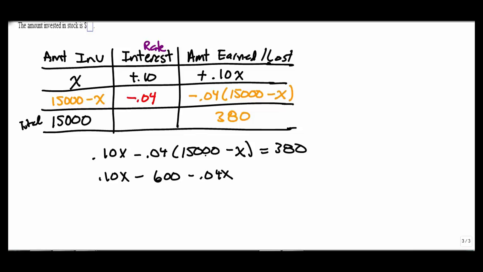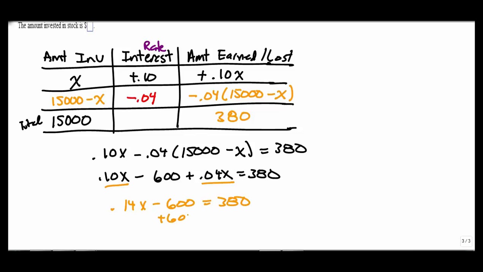Whoops, that's not a minus though. A negative times a negative is a positive. Equals 380. And then I can combine my like terms. 0.10 plus 0.04 is 0.14x minus 600 equals 380.